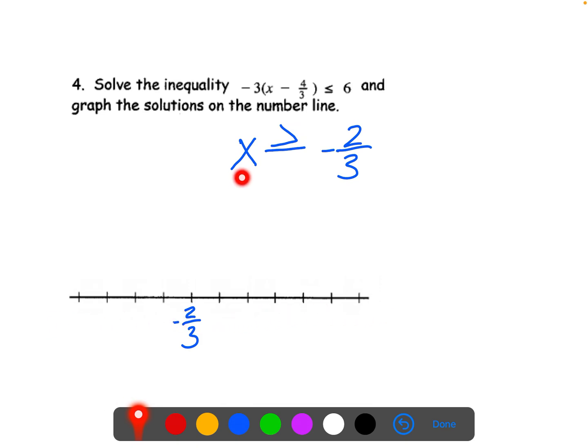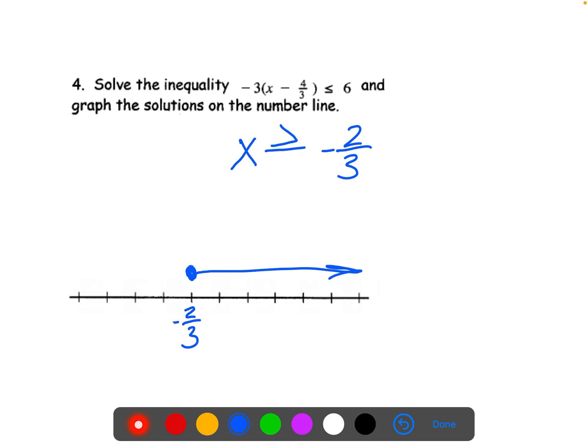So our x values are greater than or equal to negative 2/3. We're going to go to the right here on our number line. Because it's equal, we want to include this in our answers. So we're going to put a closed circle and send it to the right for all the other values. I hope this is becoming really easy for you to do, kind of second nature.